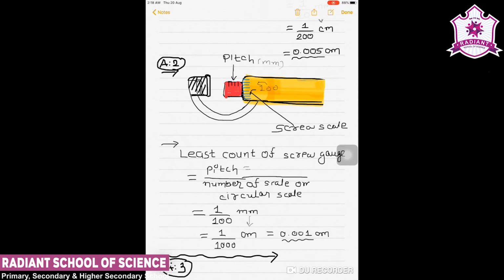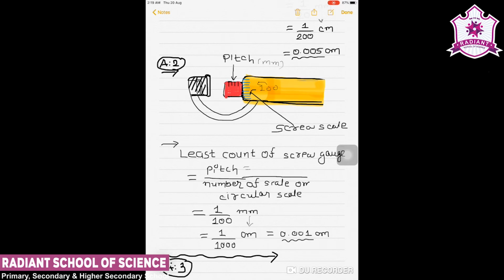For that we have to multiply and divide by 10. When we multiply millimeter by 10, it converts into 1 centimeter, that is 10 millimeter is equal to 1 centimeter, so 1 upon 1000, that is 0.001 centimeter. So obviously this is more precise than the vernier calipers.